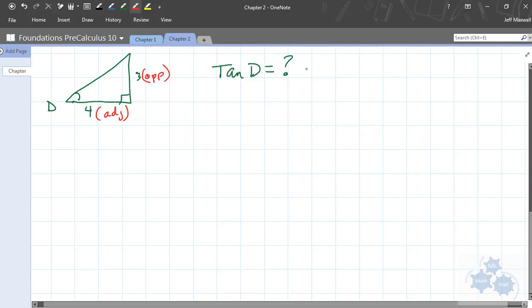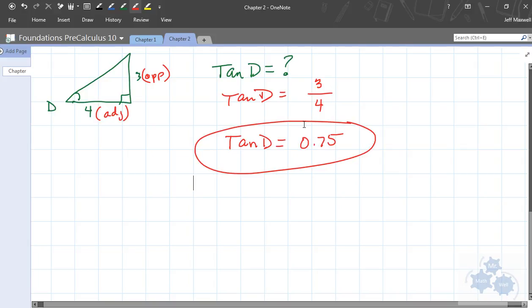So using the values of the opposite side, tan D equals 3 divided by 4. The ratio of tan D is 0.75, or 3/4. Okay? That's the ratio of the sides for angle D.